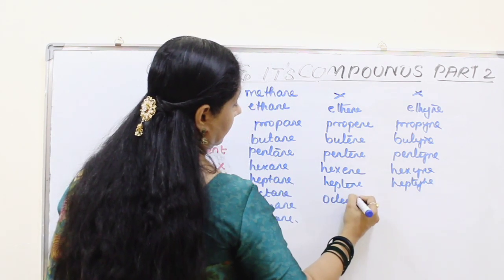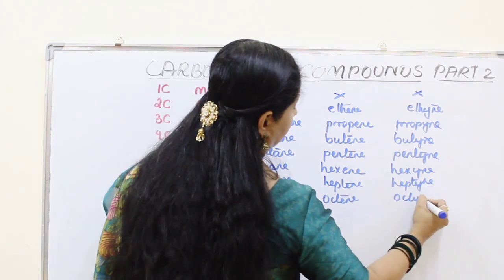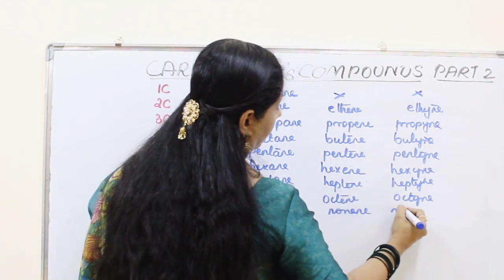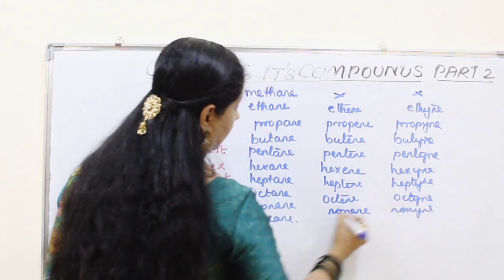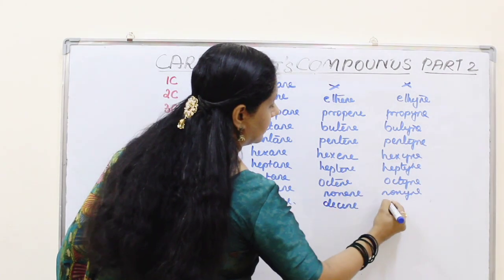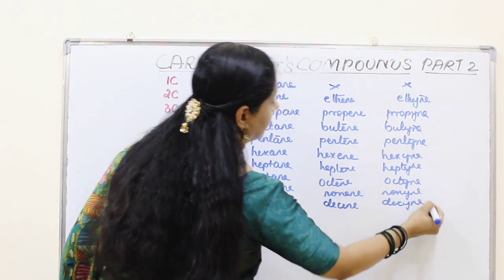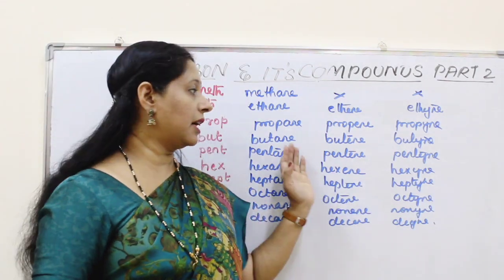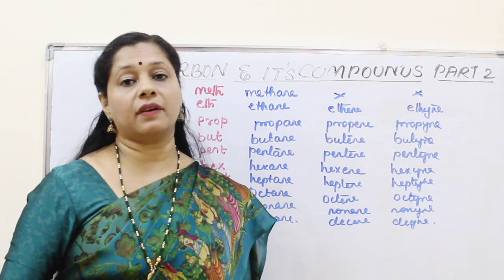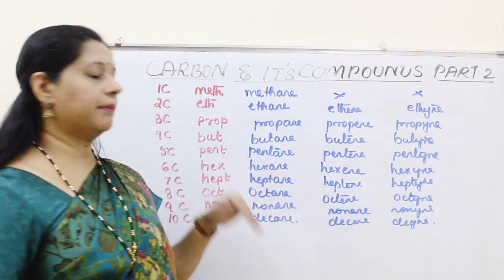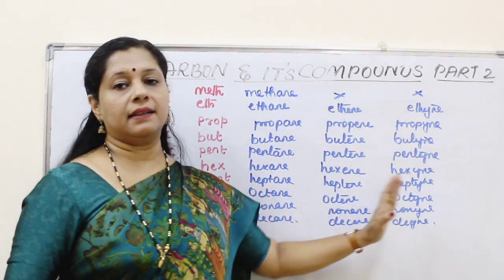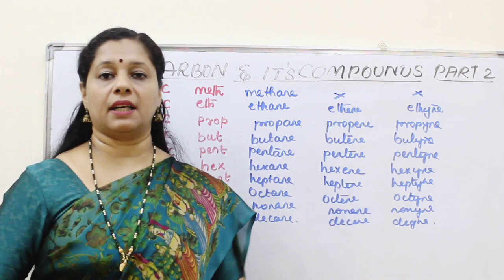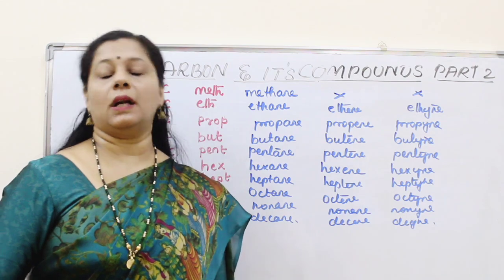Octene, octyne. Nonene, nonyne. Decene and decyne. That's it. So these are the different hydrocarbons based on the number of carbon atoms. So learn by heart at least up to 6, and then you add the suffix, that is ane, ene or yne, to make them the corresponding alkane, alkene or alkyne.